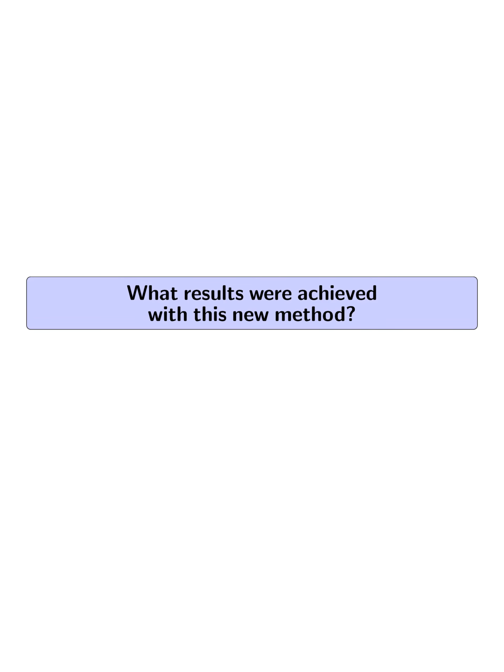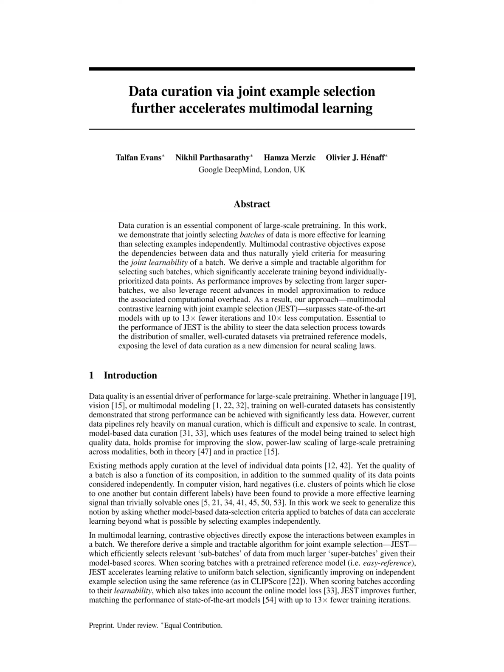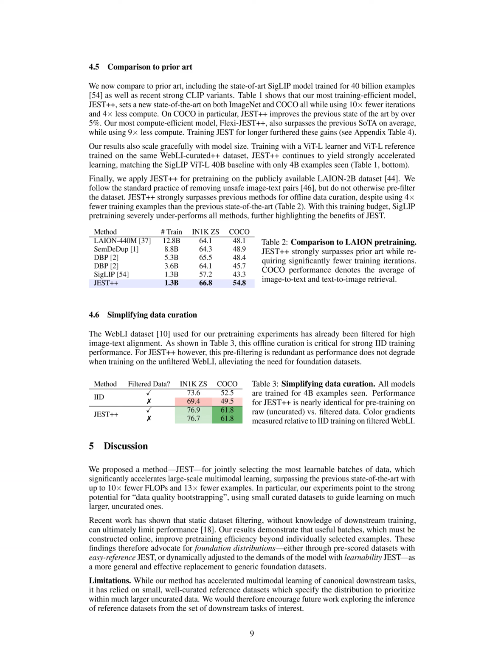What results were achieved with this new method? The new method, Joint Example Selection, JEST, achieved significant results in accelerating large-scale multimodal learning. It outperformed the previous state-of-the-art models with up to 10 times fewer flops and 13 times fewer training examples.